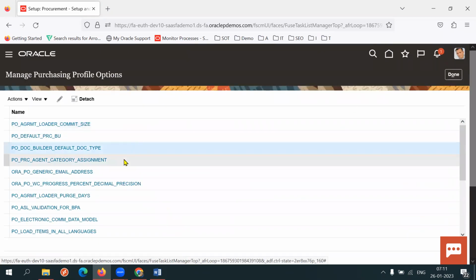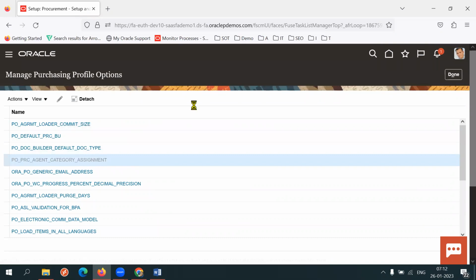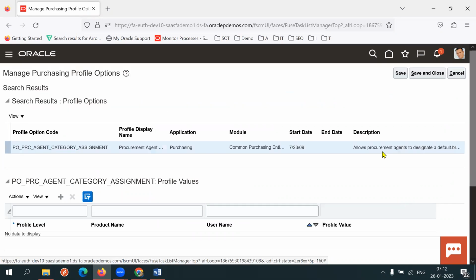Fourth one I'm mentioning, procurement agent to category assignment. So what category of items can be ordered by the buyer? No, this is not ordered by the buyer. This is on the procurement dashboard.